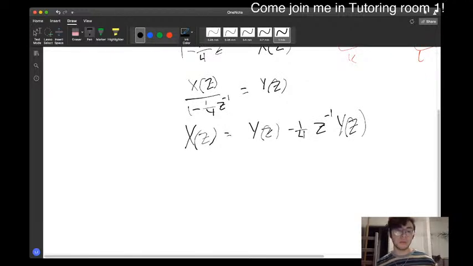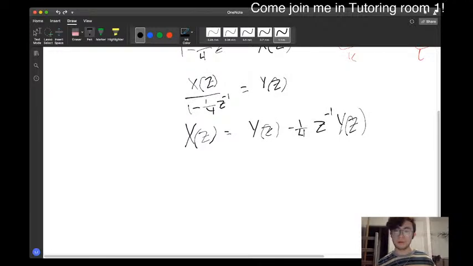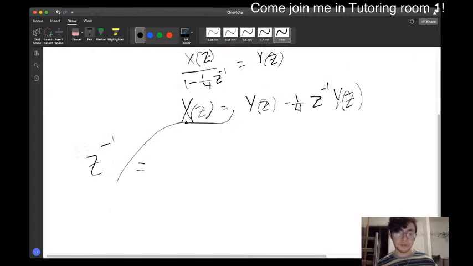Because if we use our properties again, we can derive a time domain signal. We can define a time domain relation. So let's invert. The inverse z transform of this whole equality. So what do we get?